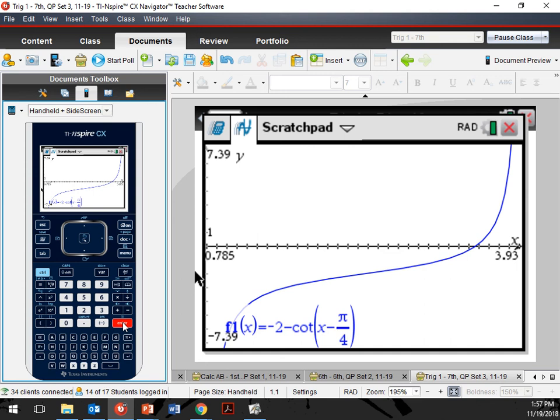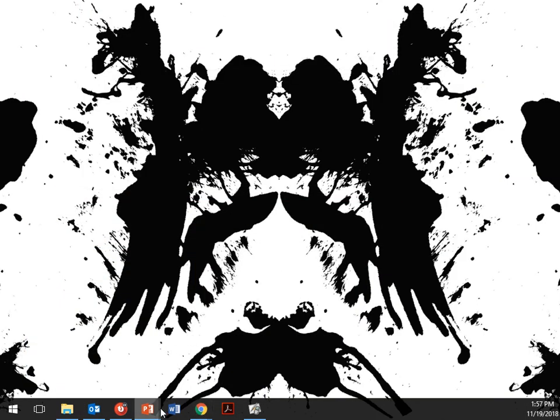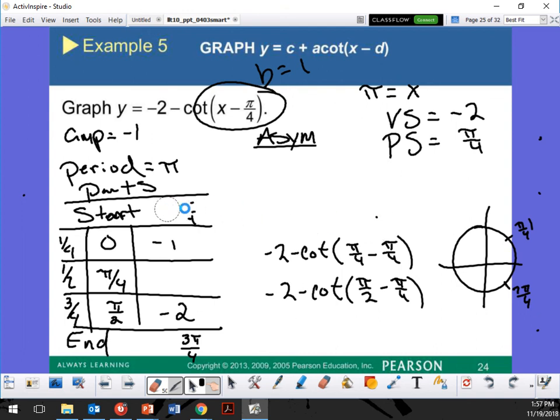So we looked to see, hey, my graph is wrong. It wasn't working. So that means that something was wrong over here. So let's go back. The asymptote's wrong. When we went back, my start was wrong, wasn't it?